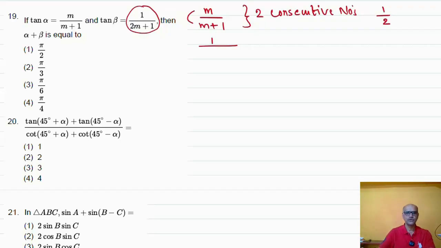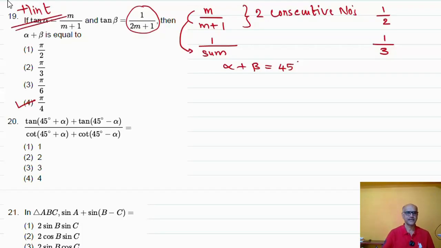The sum of the two is m plus m plus 1, which gives 2m plus 1. For example, if I take 1 by 2 and 1, adding gives 3. So if this type comes, then the direct answer is that alpha plus beta will always be equal to 45 degrees, or 5 by 4. So option 4 is our answer. Remember this as a hint, which will be helpful even in second year: m by m plus 1 and 1 by 2m plus 1.